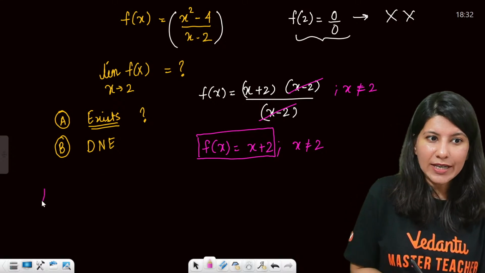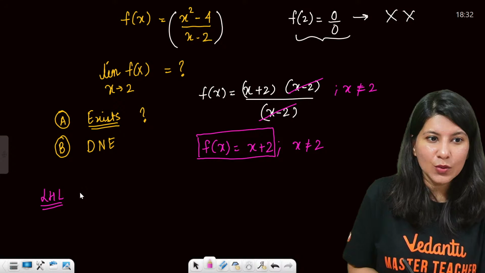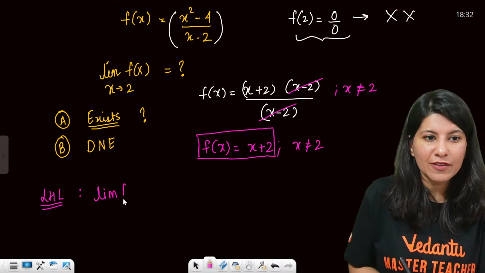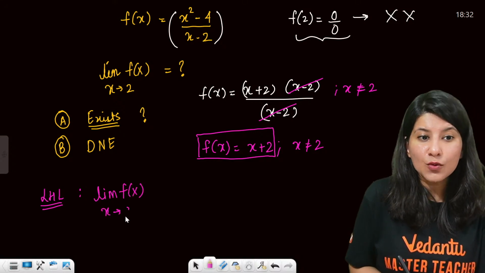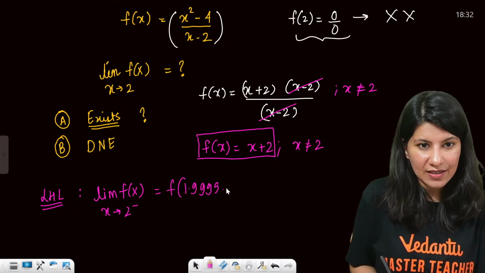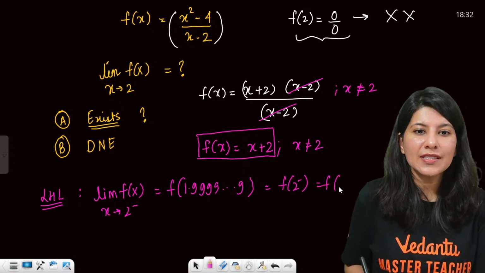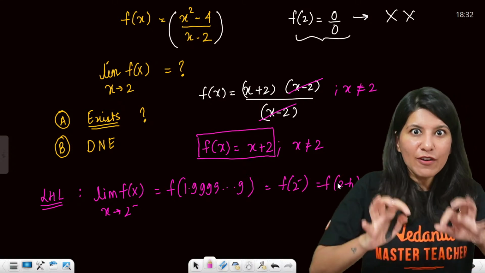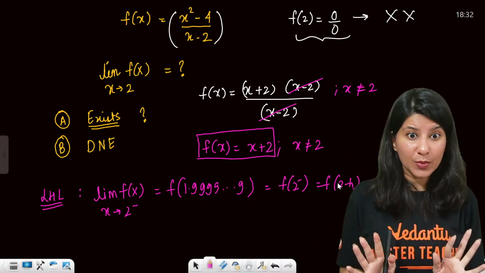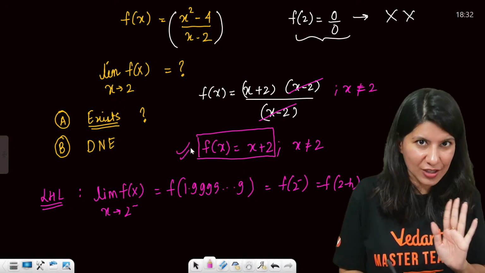Now let us talk about the left hand limit. Left hand limit means that you are looking for the limit of the function when x is 2 minus, that means f of 1.99999, or f of 2 minus, or f of 2 minus h. You can put these in this function, right?